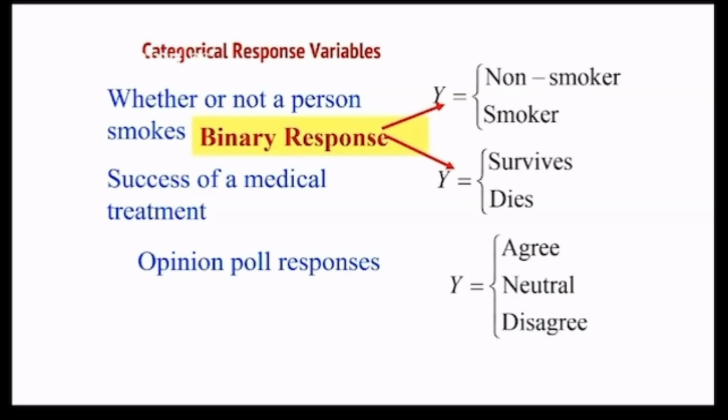Okay, we can also have a situation where the number of levels in the response variable is more than two, where you have agree, neutral, disagree.